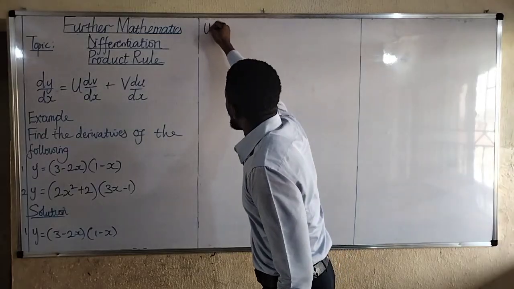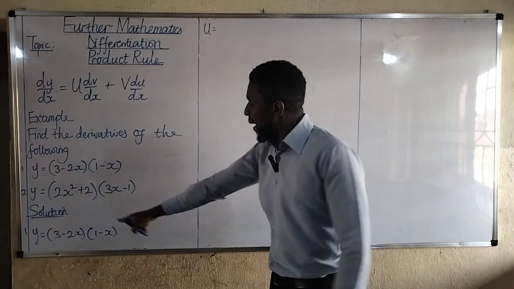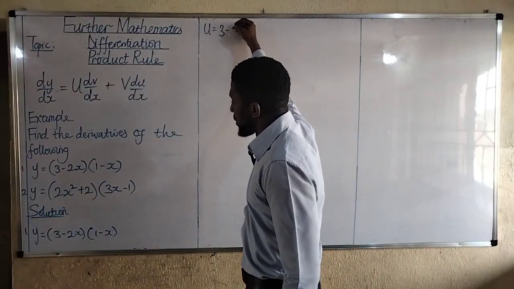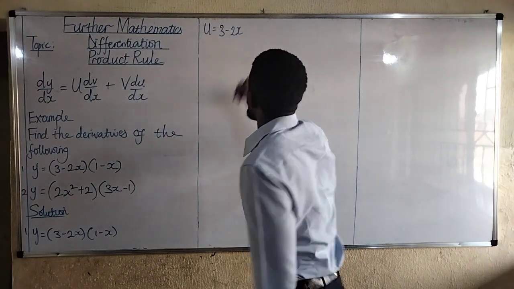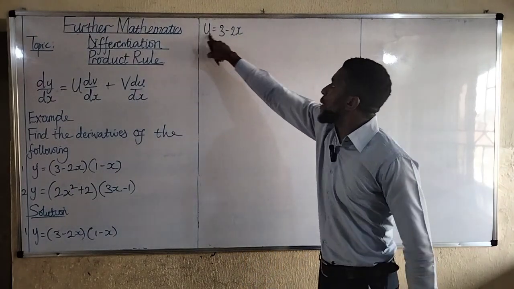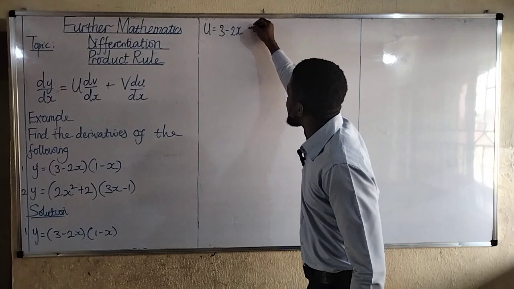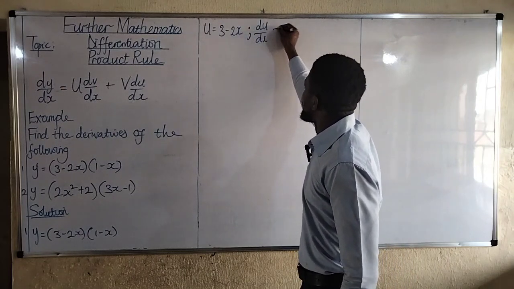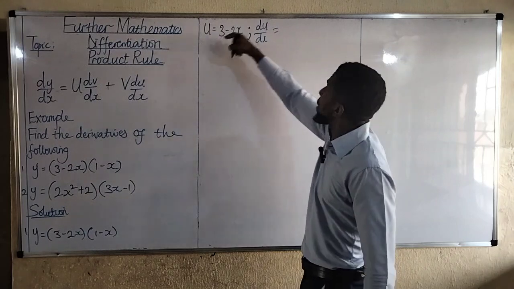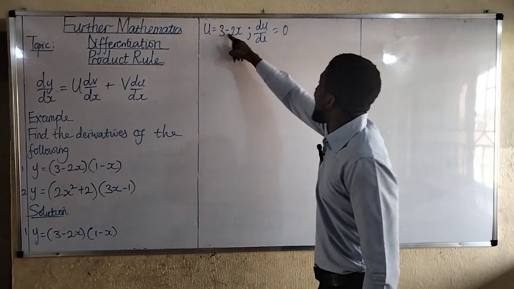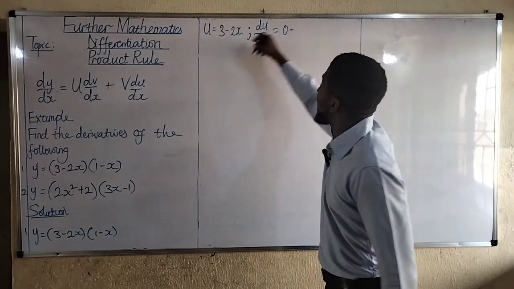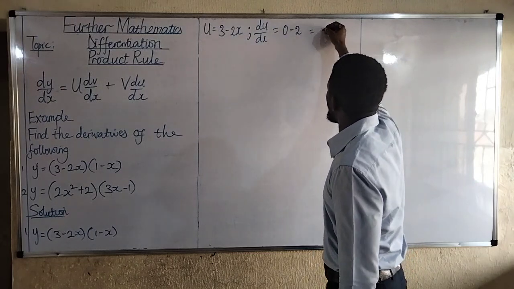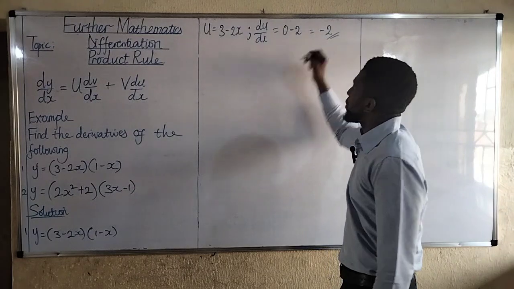Let our u be equal to what we have in the first bracket, that is 3 minus 2x. If we differentiate u with respect to x, we are going to have du over dx. When we differentiate a constant 3, we have 0. Minus, when we differentiate 2x, we have 2. 0 minus 2 will give us negative 2.